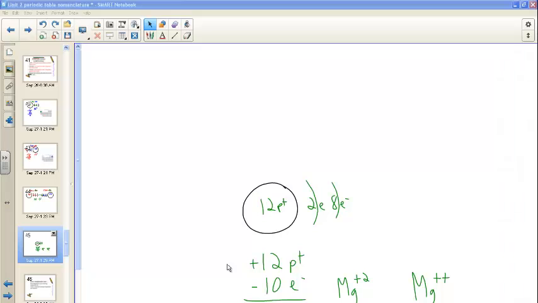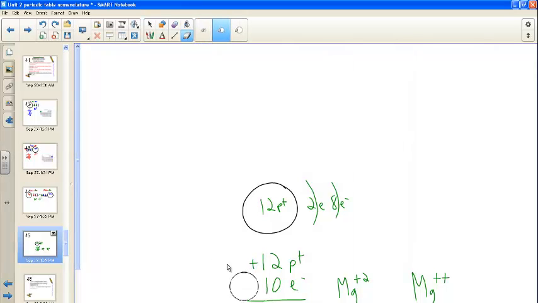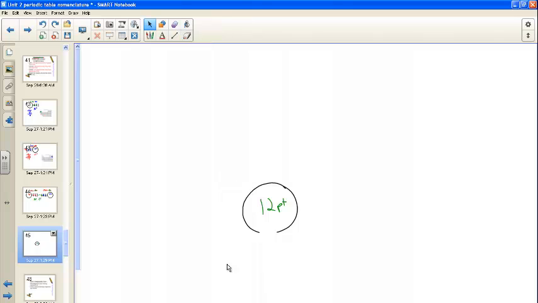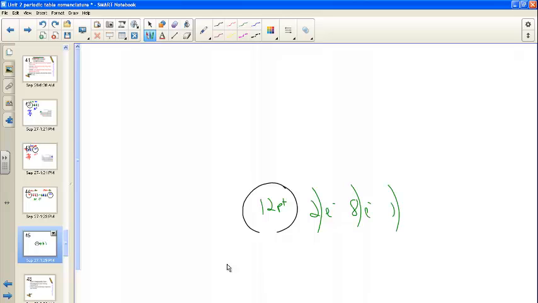For now, let's turn it back into the magnesium atom so that we can look at what might cause it to do something like that. The magnesium atom has 2 electrons in its outer shell.